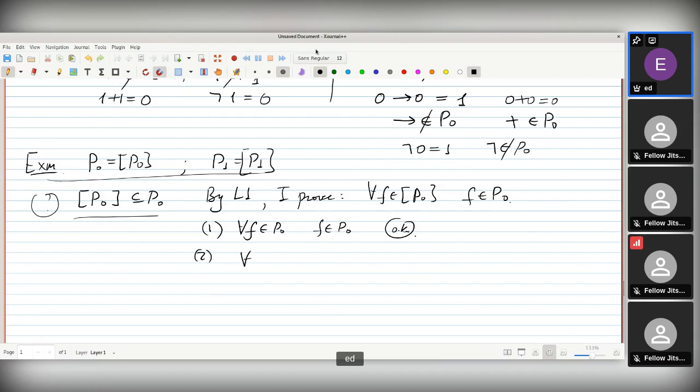Second, every projector preserves zero. It is easy. Okay, let us take a projector. Let us give it all zeros. What will the result be? What is the result? Give all zeros to a projector function.